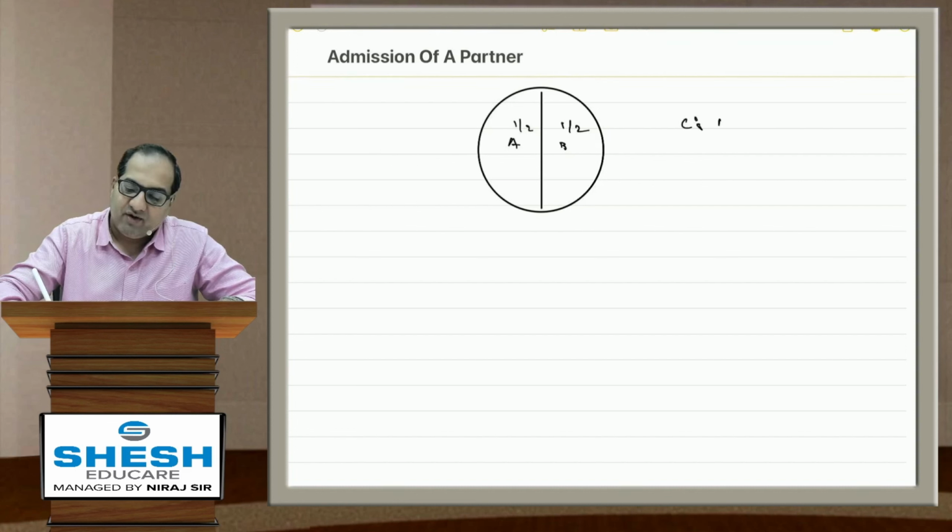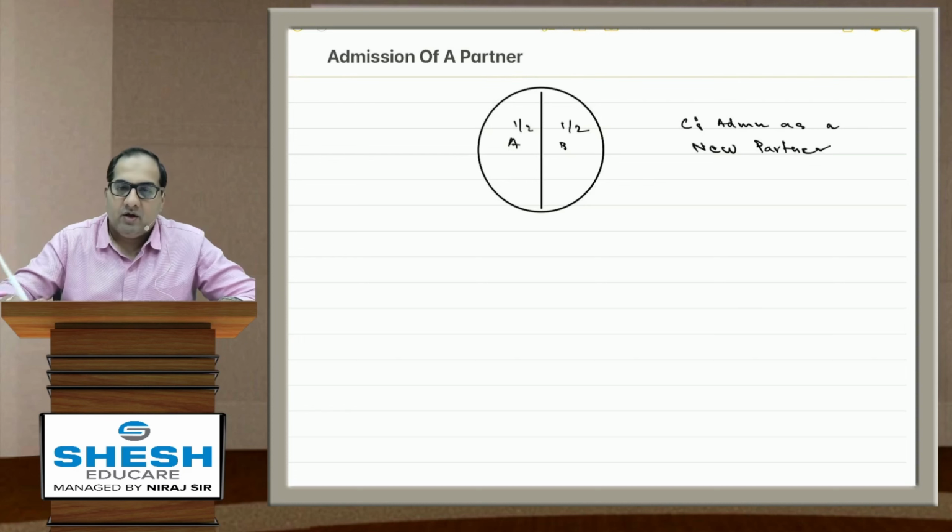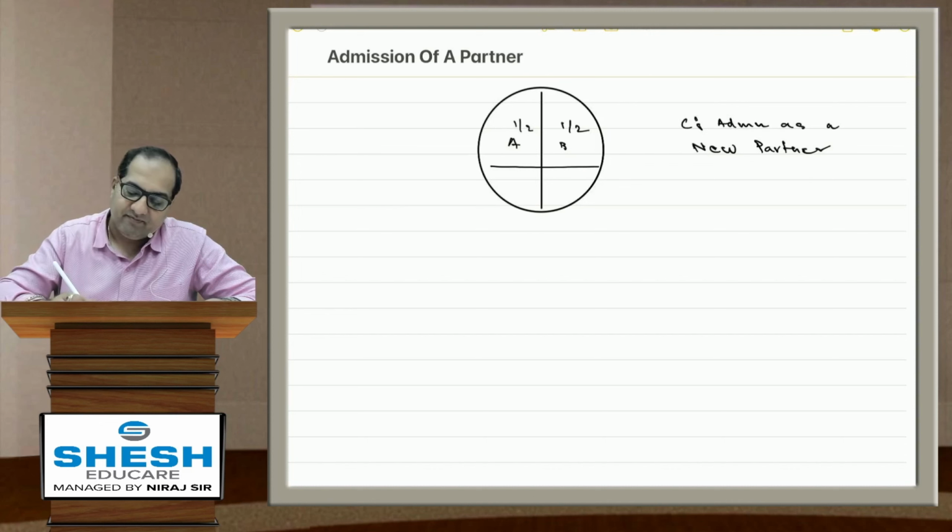So C is the admission we are addressing as a new partner. So obviously, the new partner will have a share in the future profits. Let us say they have decided to give him this share. So the share that is offered to whom?